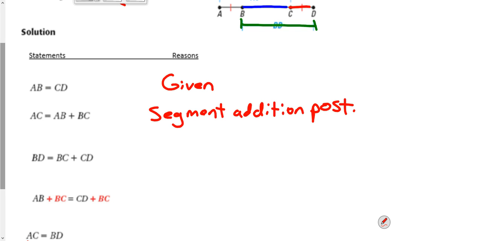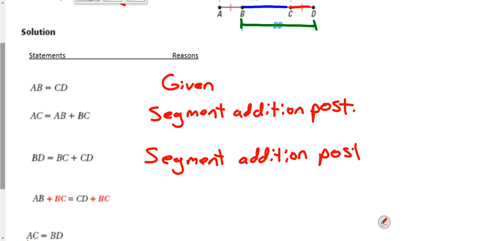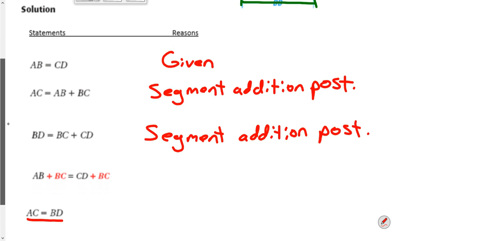So again, we're adding 2 smaller segments to equal a larger segment. That's the same segment addition postulate, so we have the same reason for that one.